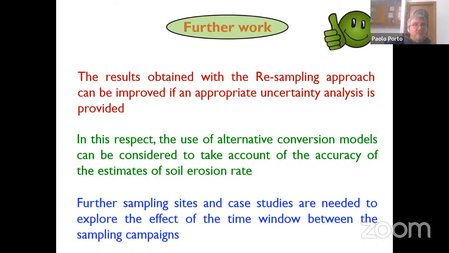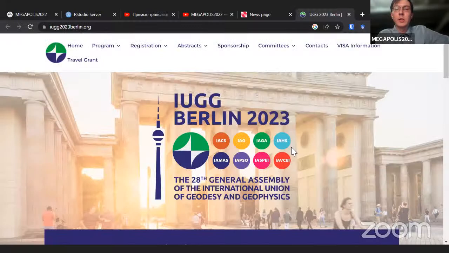In Warsaw. Yeah, talking about Berlin, maybe we can make a small announcement, just to notify everybody that in 2023 there will be the 28th IUGG conference, and our Commission on Continental Erosion will be there.